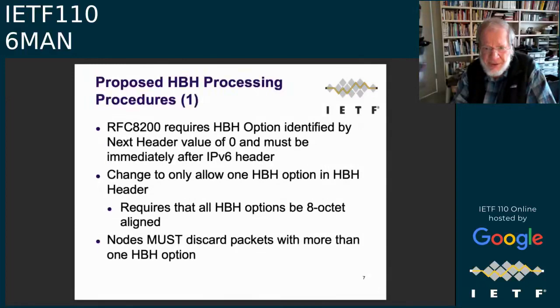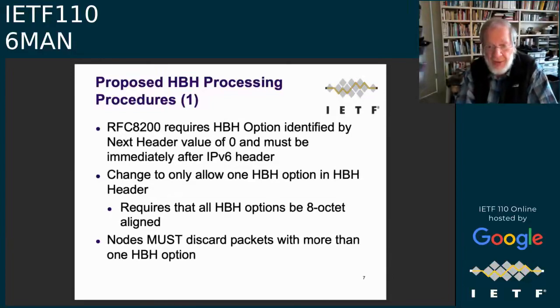So I'm going to summarize the draft. RFC 8200 is updated. Hop-by-hop options are identified by a next header value of 0, and they must be the first extension header in the packet. One of the changes is to only allow one hop-by-hop option in the header, and this results in requiring that all hop-by-hop options be 8 octet aligned, because the hop-by-hop options header has to be 8 octet aligned, and if an option was shorter, then you would need pads.